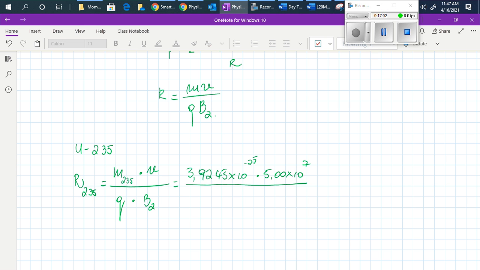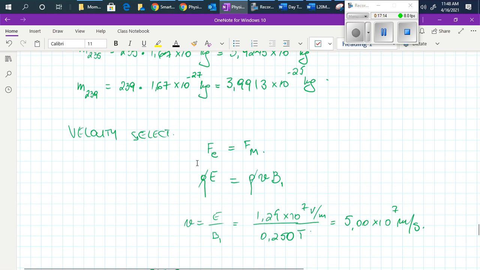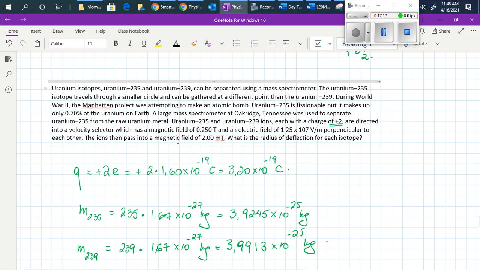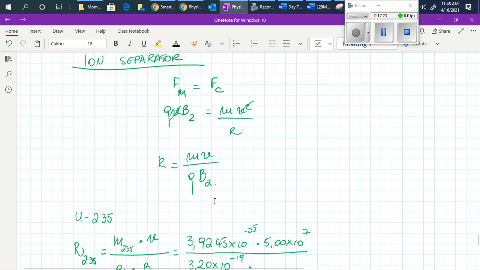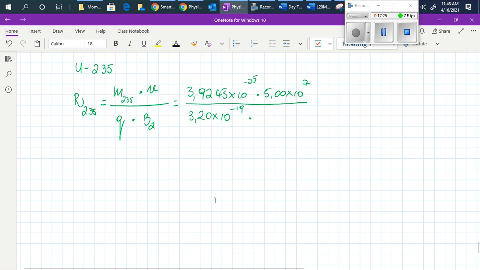We said that they are all 3.20 times 10 to the power of negative 19, times the magnetic field strength in the ion separator, which is 2.0 millitesla, which means that is 2.0 times 10 to the negative 3 Tesla.